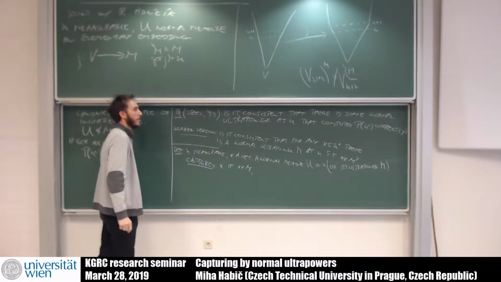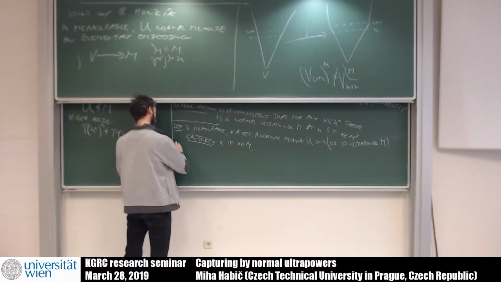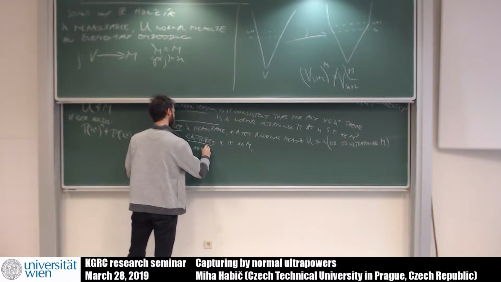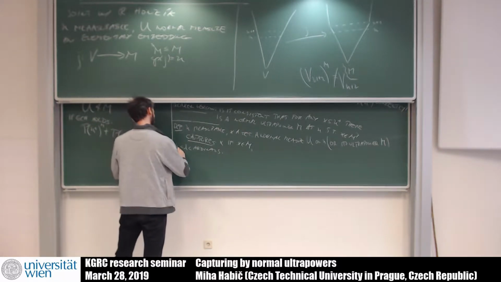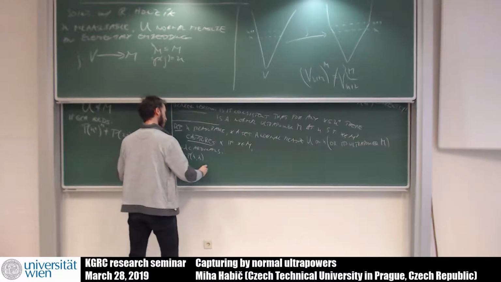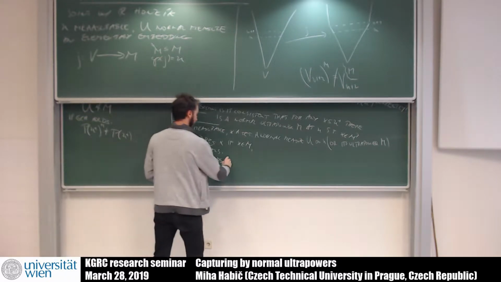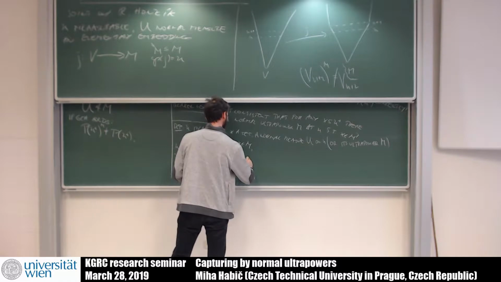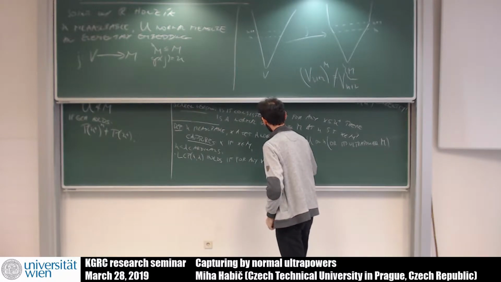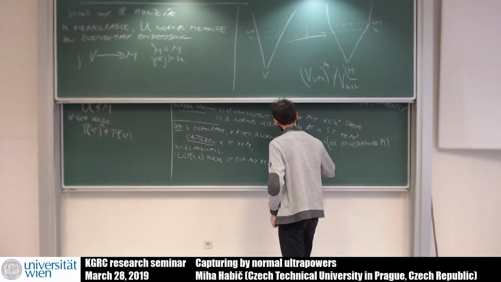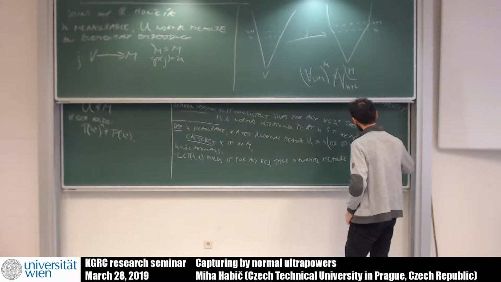Then I'm going to define two properties that kappa might have. Let kappa be less than lambda cardinals. We say that LCP kappa lambda holds, where LCP stands for local capturing property, if for any x subset of lambda, there is a normal measure on kappa that captures x.